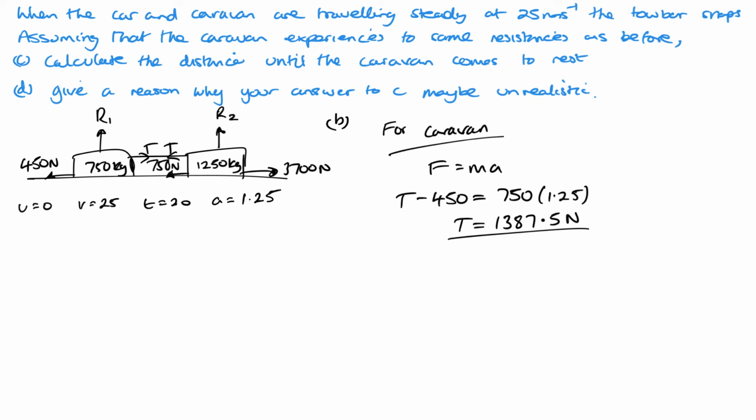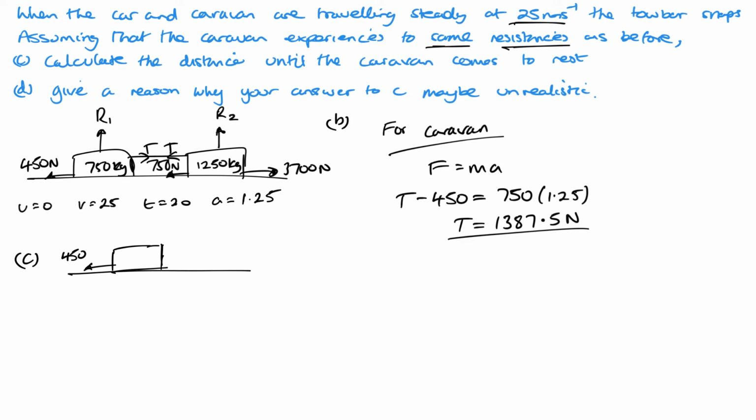Now, for part C and D, we can see that the car and caravan have been travelling steady at 25 meters per second, and the tow bar snaps. Assume the caravan experiences the same resistances as before. Calculate the distance until the caravan comes to rest. If you think about it, we've now just got the caravan, so it's got no force pointing forwards.